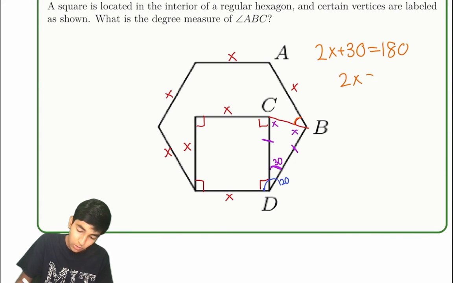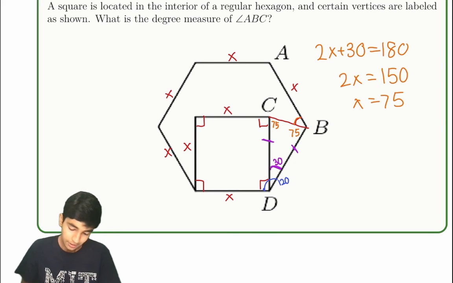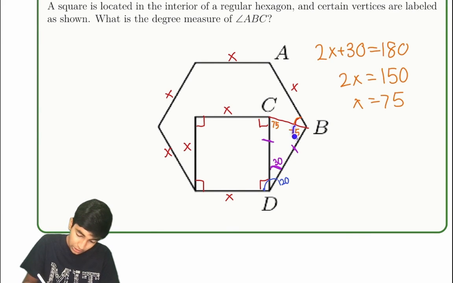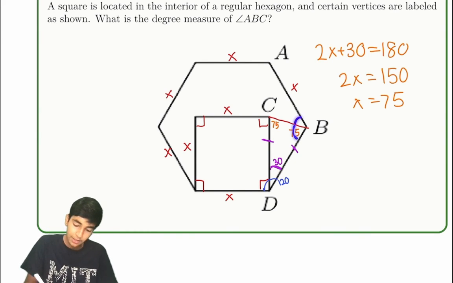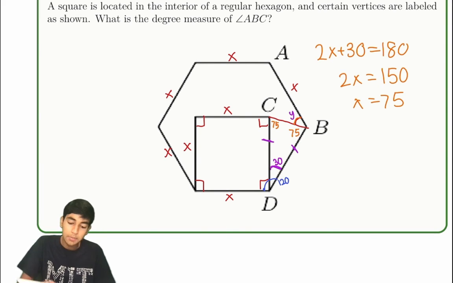So 2x is 150, or x is 75. So these are both going to be 75, 75. Cool. So like we already discovered, if we could just find this angle, we would easily find this angle as well. Now let's just call this angle y, angle ABC.